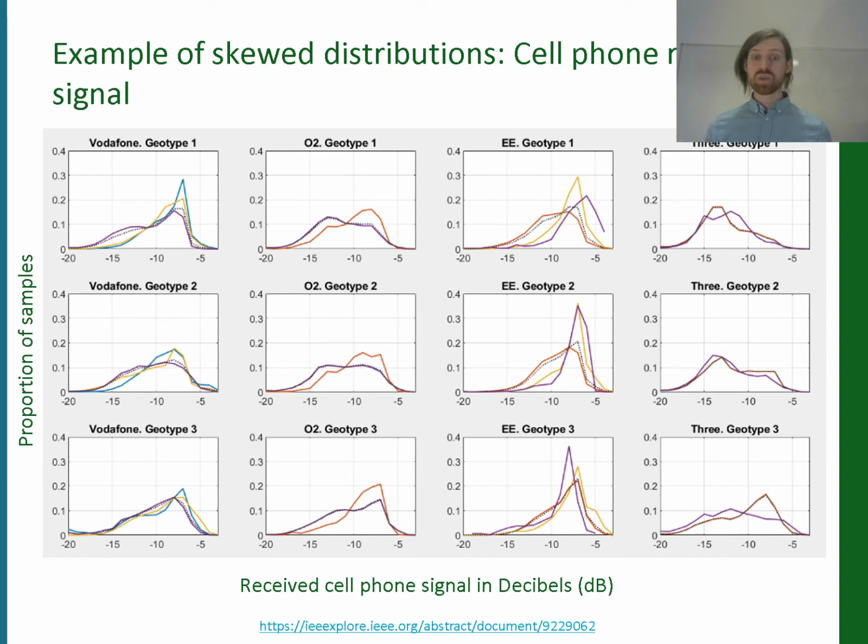Just for London, we took all of the cell phone measurements that we had. We wanted to understand it by operator, so Vodafone, O2, E3, just think of this as AT&T, Verizon, etc. And essentially, we wanted to understand the distribution of those data points. So what we have on the y-axis here is the probability.